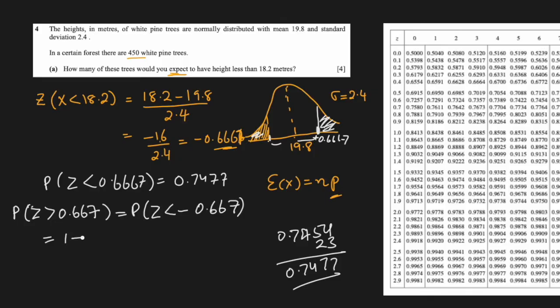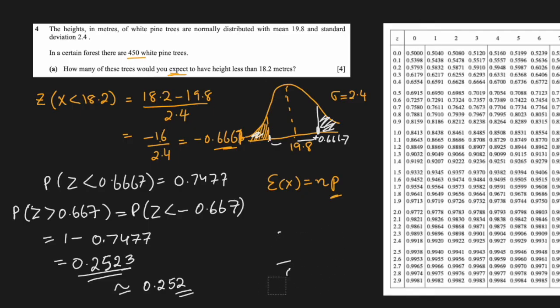So that is 1 minus the previous one we got, 0.7477, which will be 0.2523, and we can round it off to 0.252. That is the probability that the pine tree is less than 18.2 meters tall.